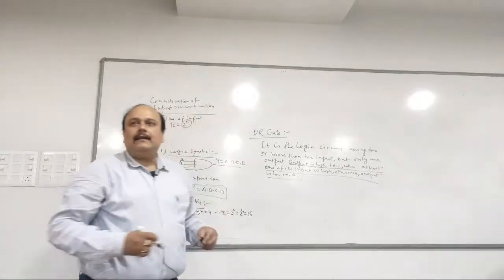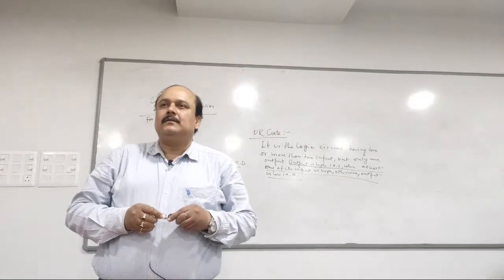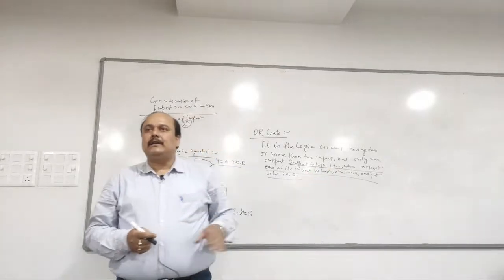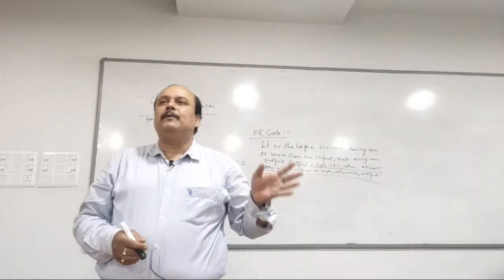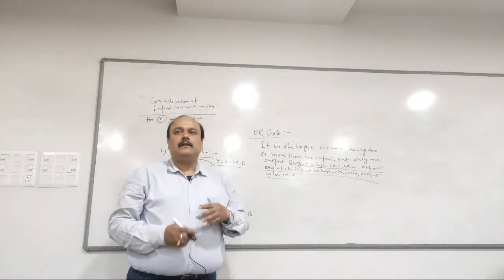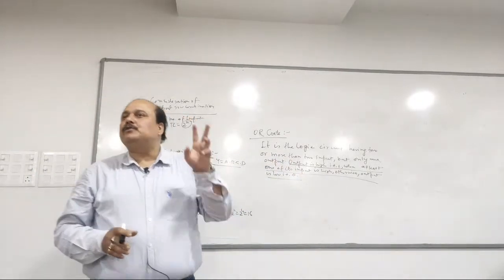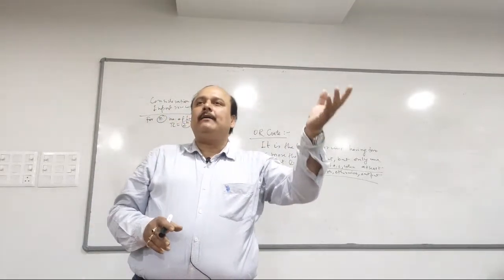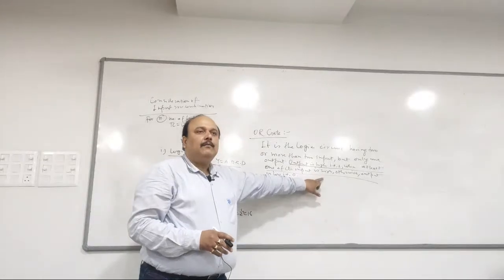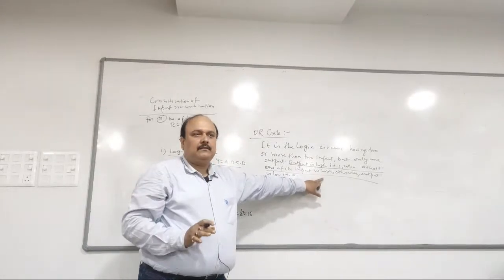This second line is the conclusion part of the OR gate. Whenever you are generating the output for any number of inputs, you only have to consider that line. It doesn't matter whether the number of inputs is 2, 3, 4, 5. Output always remains high when at least one of its inputs is high.